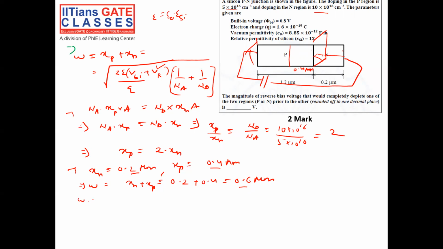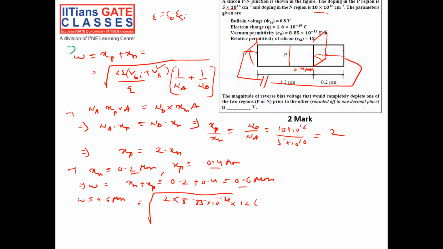W is equal to 0.6 micrometer, equal to root over of 2 into epsilon, where epsilon is epsilon 0 into epsilon silicon, which is 8.85 into 10 power of minus 12 farad per meter, or minus 14 farad per cm, into epsilon silicon, which is 12, into VBI plus VR.